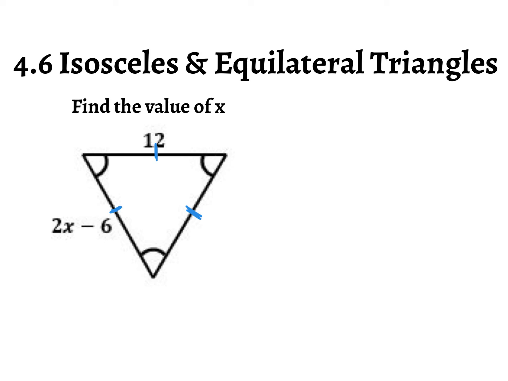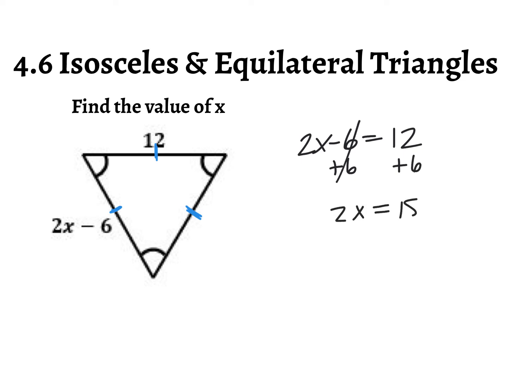So my equation becomes 2x minus 6 equals 12. So to solve for x, we move the 6 over. 2x equals 18. Divide both sides by 2, leaving us with x equals 9.